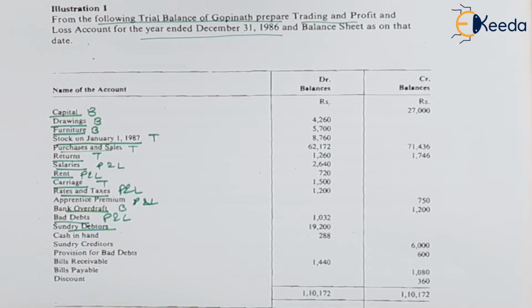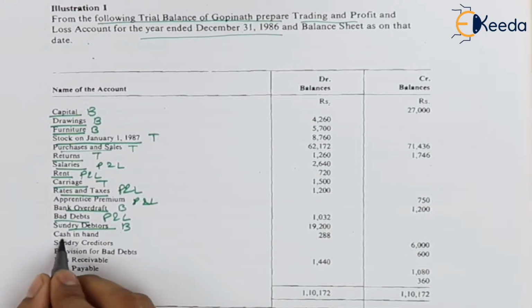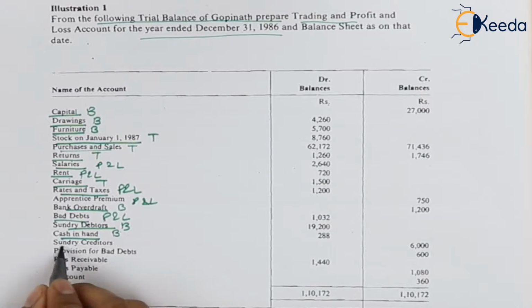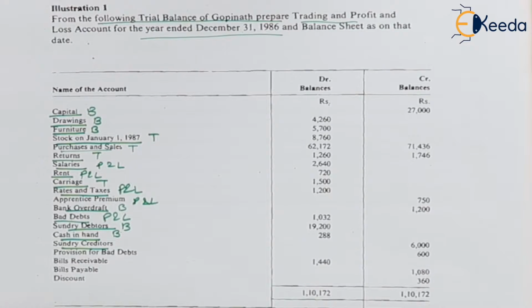Next is sundry debtors, again a part of current assets, hence asset side balance sheet item. Cash in hand again is a balance sheet item, it's an asset for us, hence we'll be mentioning it on the asset side. Creditors again is a part of items which is supposed to be recorded on the liability side of the balance sheet, hence a balance sheet item here.